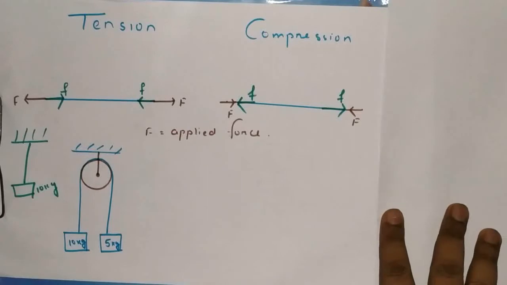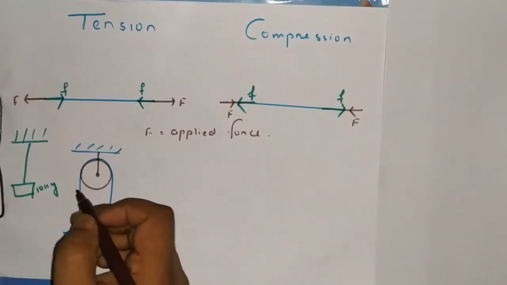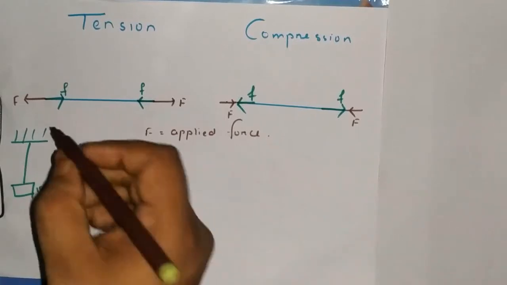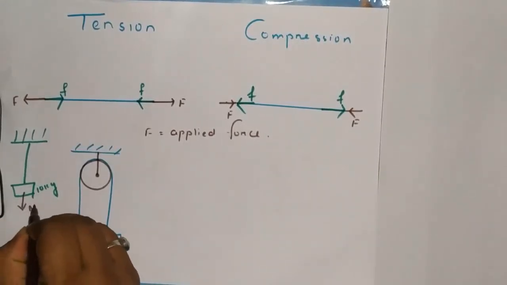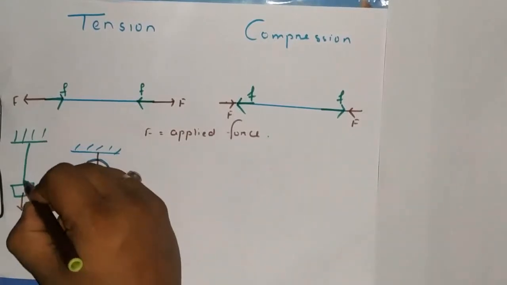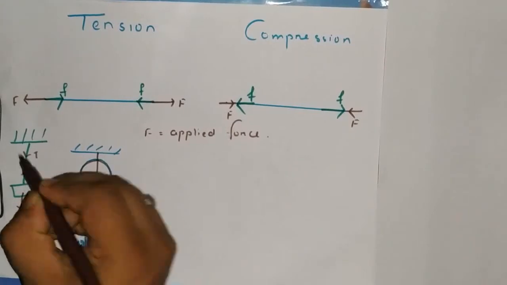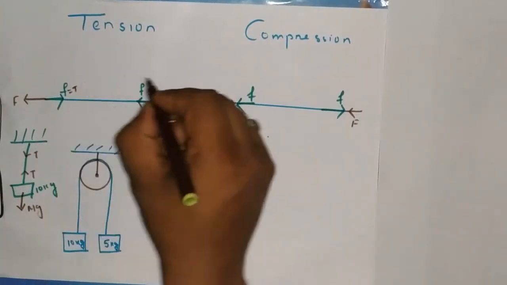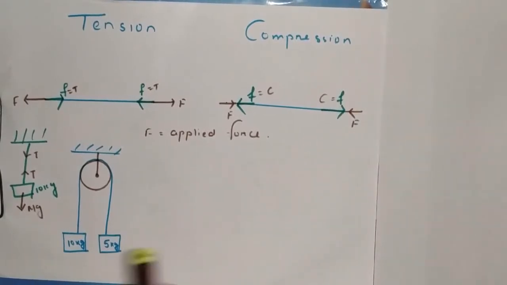What is the tension? What is the weight? How can I know the tension acting on the rope? For this body, weight is acting downward. For this case, tension is acting like this. So these forces can be represented as T. These forces can be represented as C.